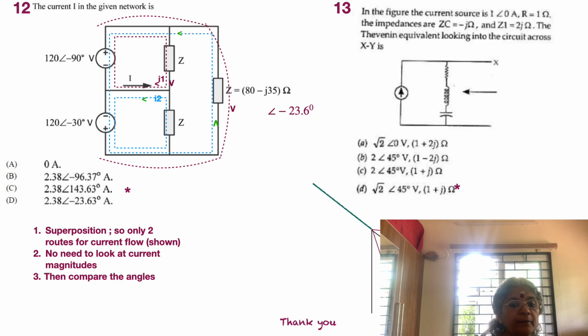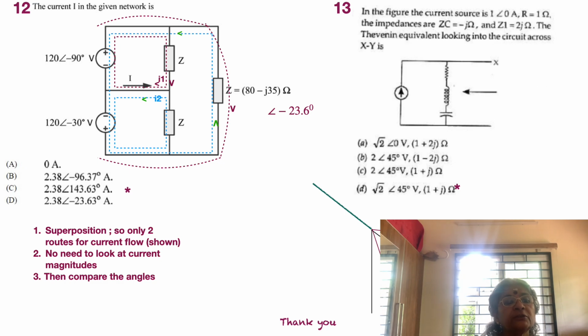The green current paths are a consequence of the voltage 120 angle minus 30 degrees with the positive terminal downward, but at the same time the upper source, that is 120 angle minus 90 degrees, is shorted by applying superposition. Again there is an outer path as also an inner path for the current. The outer path does not flow through the path where I is.